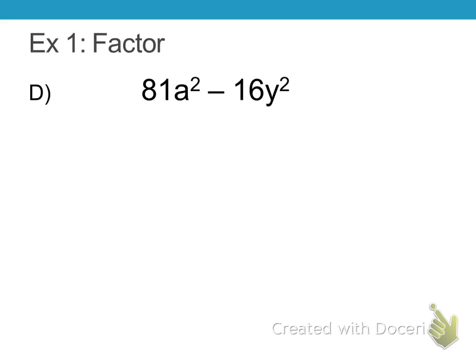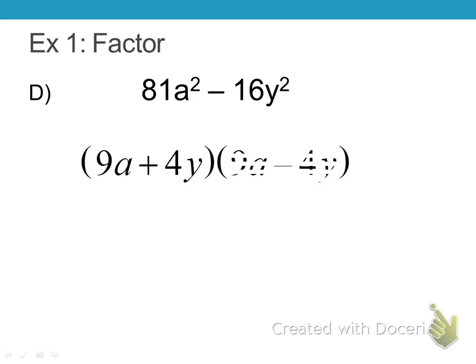Anyone have it? Yes. 9a minus 4y on one side and 9a plus 4y on the other. Very good. Make sure you use parentheses. Make sure it's two binomials right next to each other so you're multiplying them.